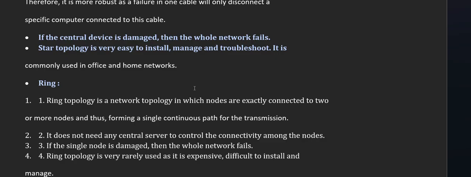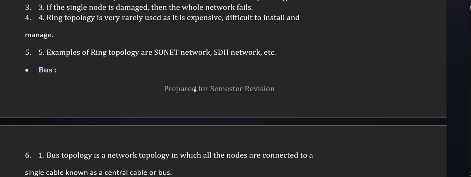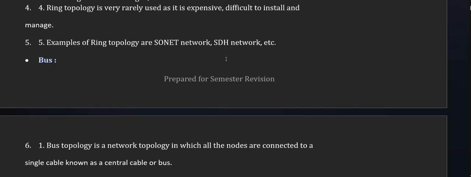If a single node is damaged, the network is not going to fail. Ring topology is very rarely used because it is very expensive and difficult to install and manage. The best examples of ring topology are SONET network and SDH network.